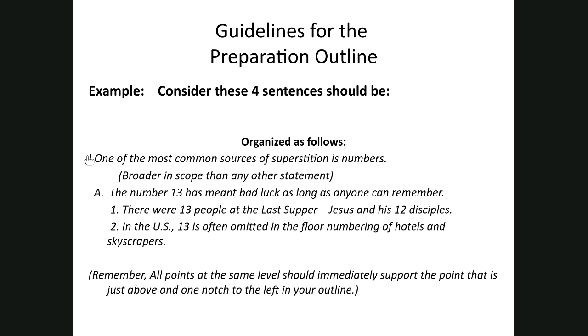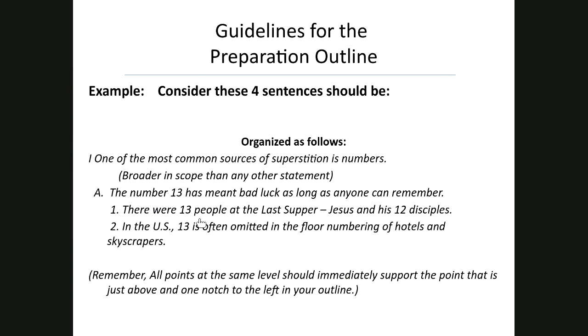Your main point would be one of the most common sources of superstition is numbers, because that's broader in scope than any other statement that was listed. Then your first supporting material for that main point would be the number 13 has meant bad luck as long as anyone can remember. Then we give two examples about the number 13.